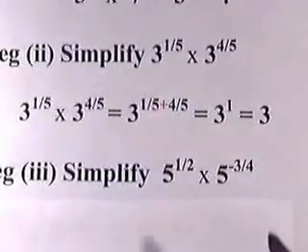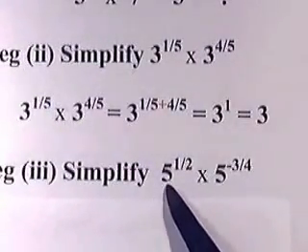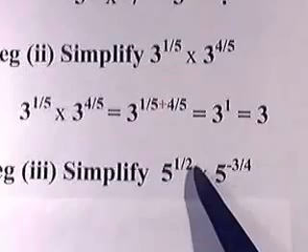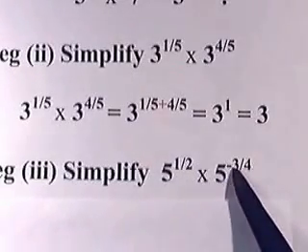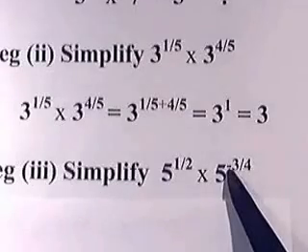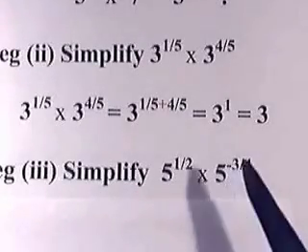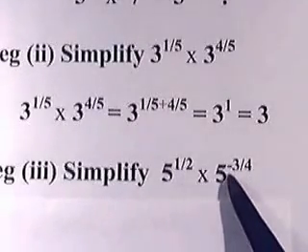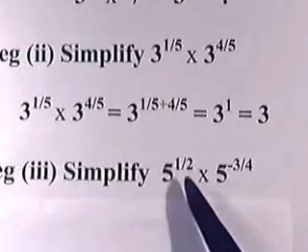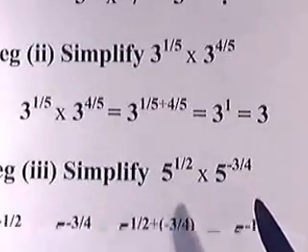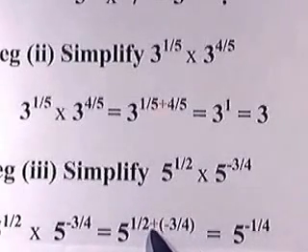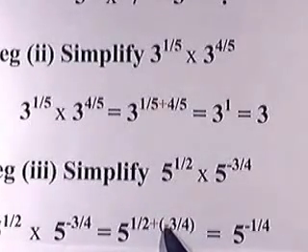Let's do another example. Suppose it says now simplify 5 to the power of a half times 5 to the power of minus 3/4. Now this minus sign is very, very important to watch out for. The rule is, if the base numbers are the same, and they are, they're both 5, we can just add the powers. But we add the powers taking great care about this negative sign, this minus 3/4.